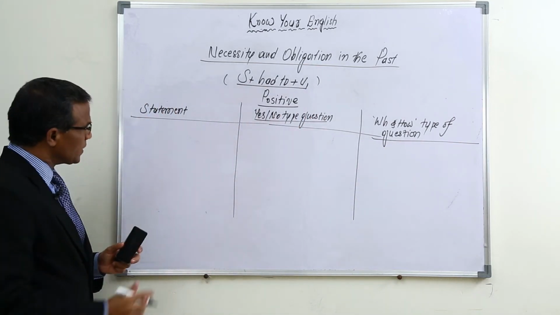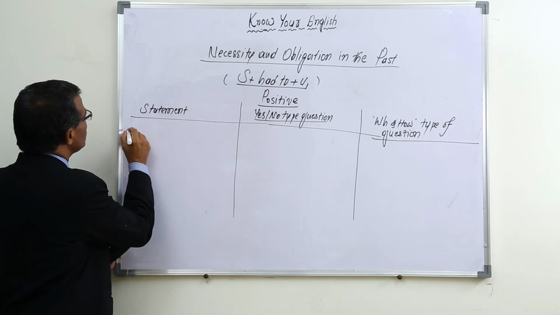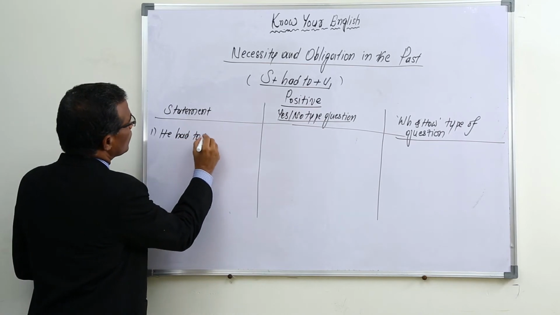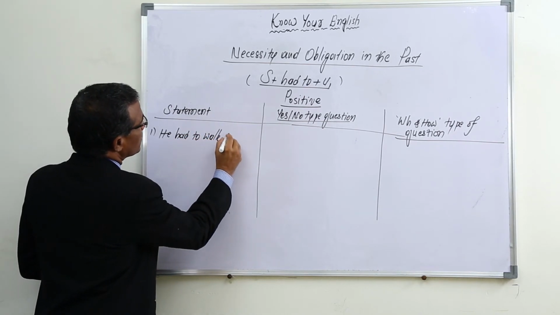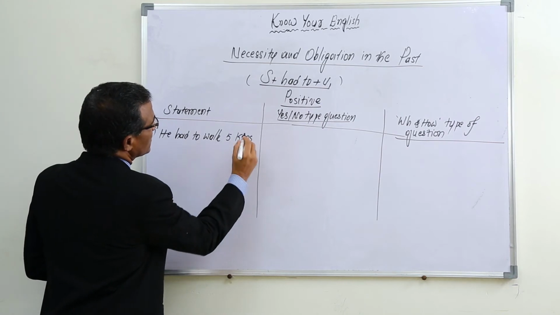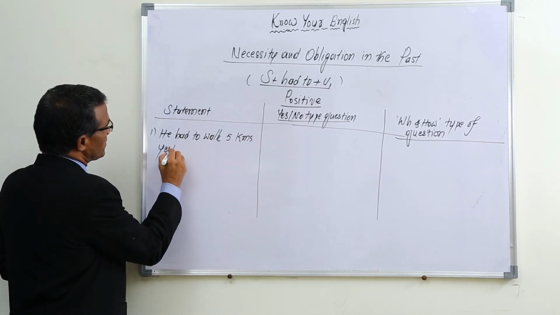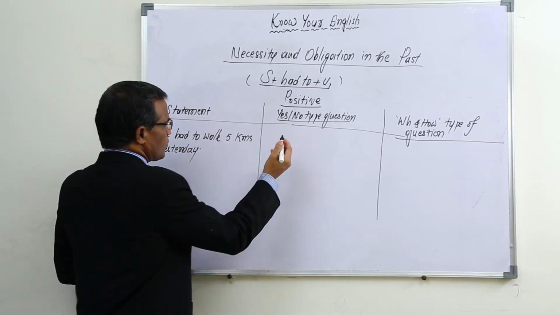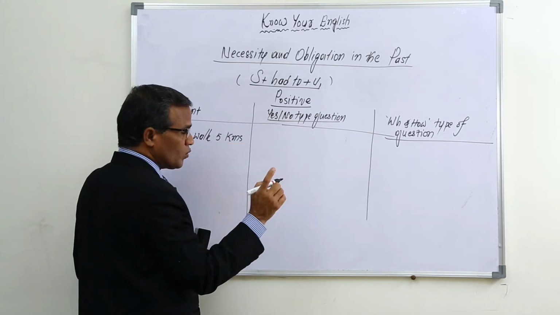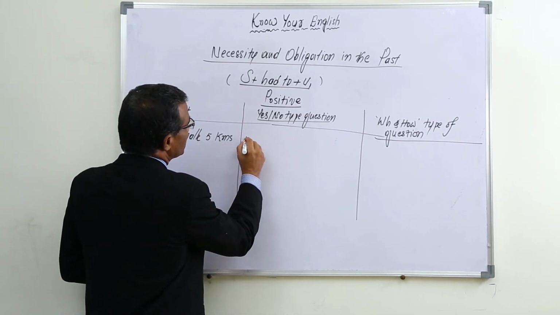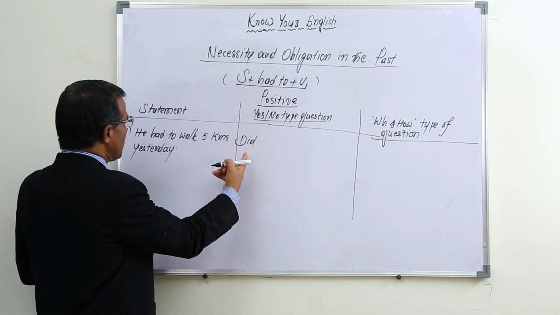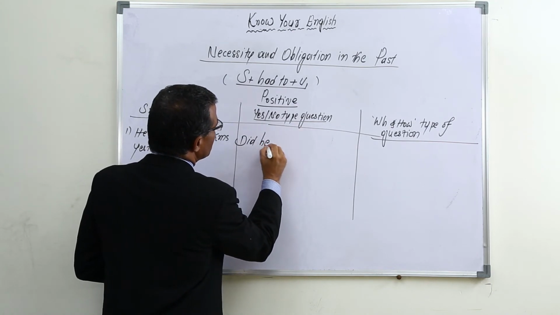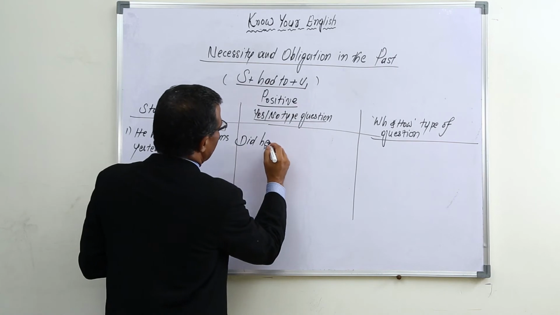For example, if I take one sentence here, he had to walk 5 kilometers yesterday. The question for this is, we have to take helping verb, as I have already said. Did is the helping verb we have to take, and the next subject, did he, then had to changes into have to.